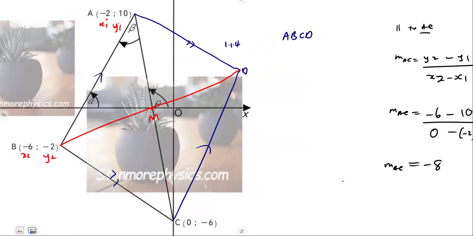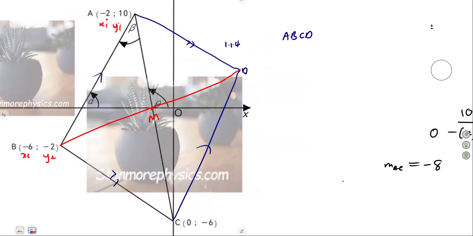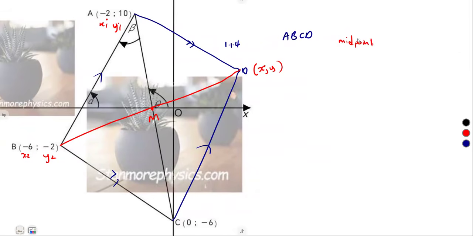So using that concept, guys, or understanding that concept alone, you can simply formulate an equation for the point D. Since we do not know it, we're just going to call this one XY like this. So using the midpoint concept, since these diagonals bisect each other.